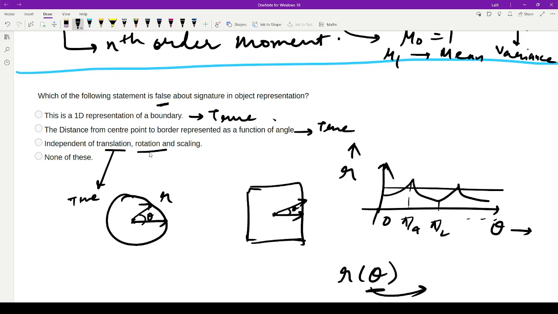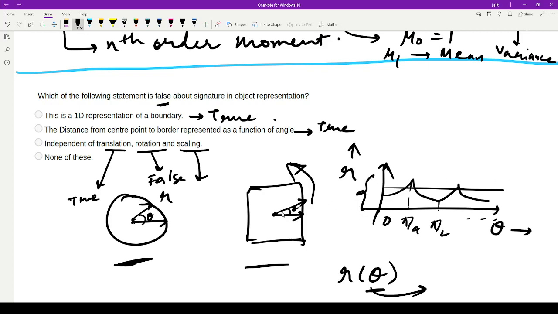No, no. We'll first finish it off. Rotation. What about rotation? If you rotate this object, this is fine. But if you rotate the square, the function changes, right? So this is the false one. What about scaling? If you increase the size, the graph also changes.